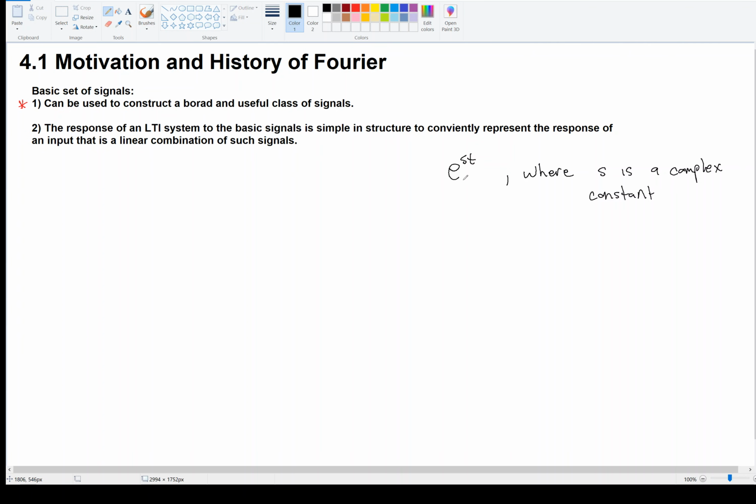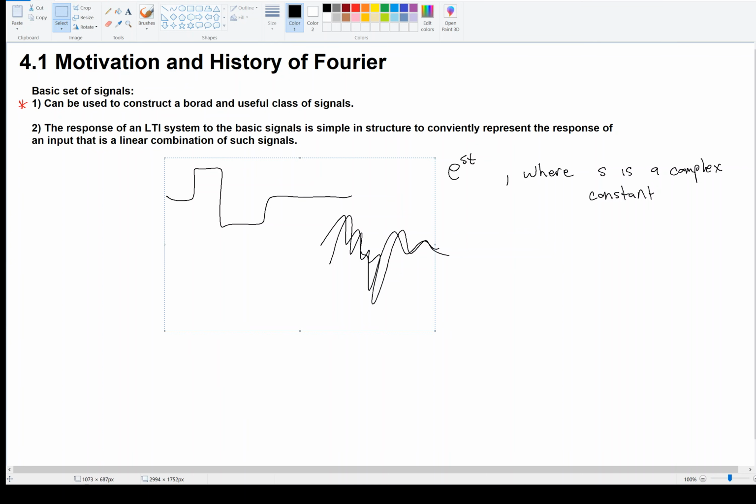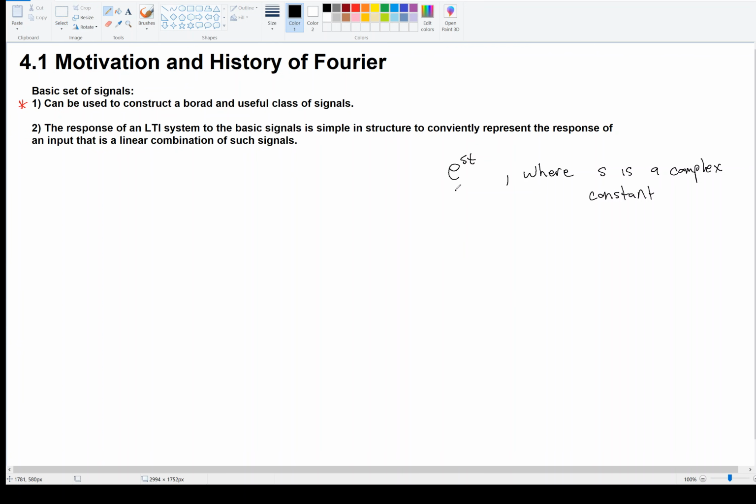By adding a bunch of complex exponentials together, we can construct any signal, like a square wave, for example, or a square pulse. We can just add up a bunch of oscillations. It's amazing. Now, this would not be very useful to us if e to the st was not convenient when analyzing LTI systems. So this is the second point.